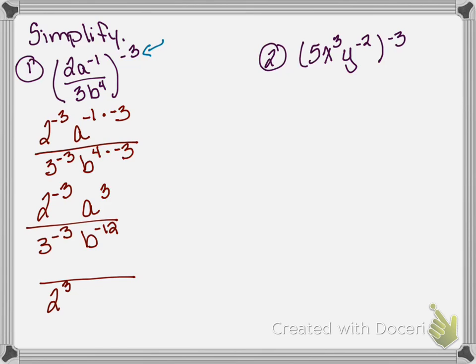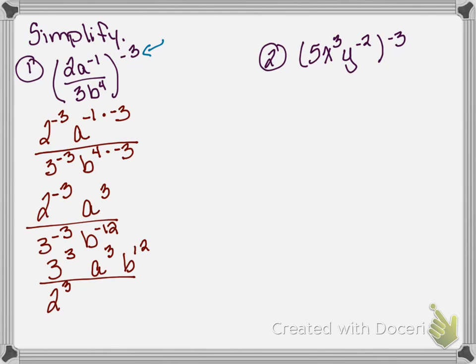My a to the 3rd stays in the numerator. Do you see my 3 to the -3 in the denominator? That's going to go to the numerator, and it's going to become 3 to the +3. My b to the -12th is going to move to the numerator, and that becomes b to the +12th.